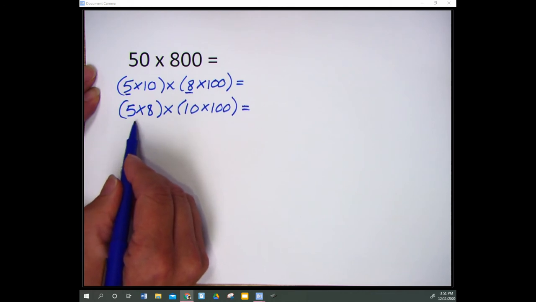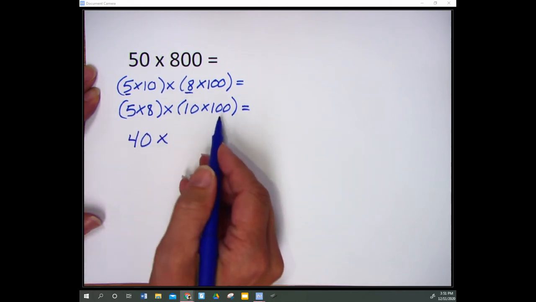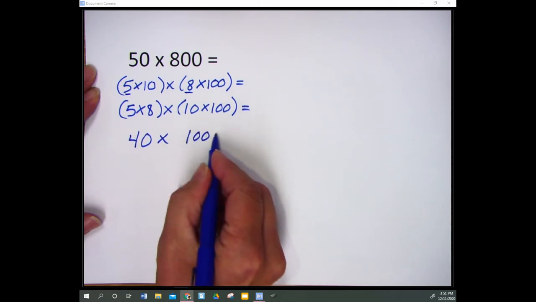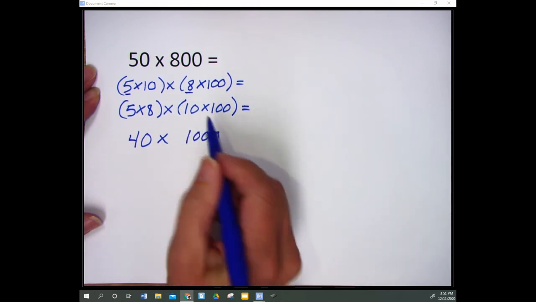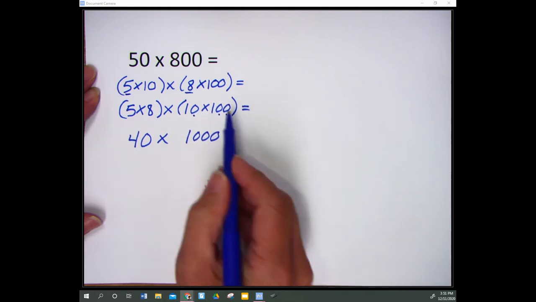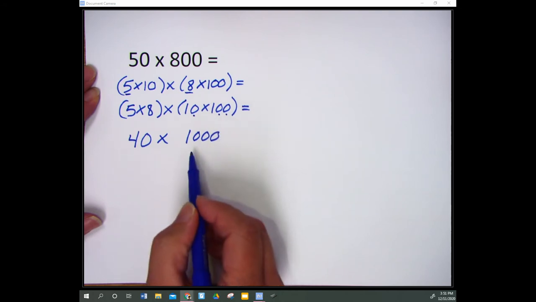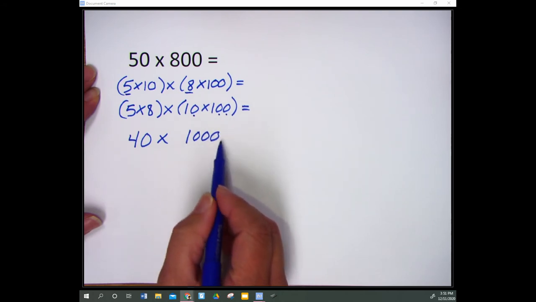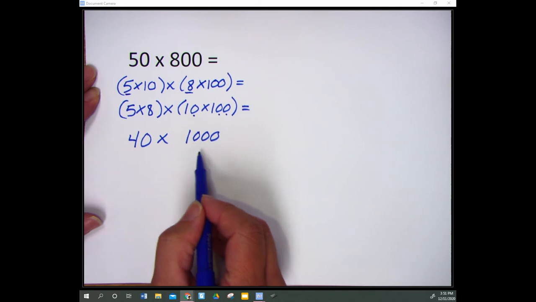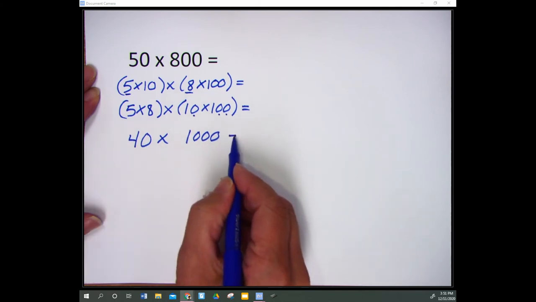I know 5 times 8 is 40. I know 10 times 100 is 1,000. Now, if you start to lose track of the zeros on that, look, there's 1, 2, 3 zeros in those two factors. Notice there are 3 zeros in that 10 times 100 product, right? Okay, so now I'm going to do 40 times 1,000.